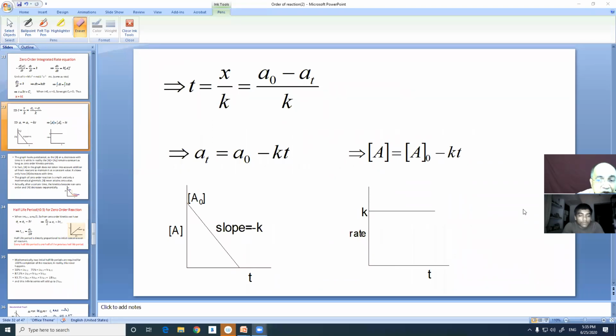The rate remains constant as long as zero order is prevailing. The rate, which is equal to k, the rate constant, is the same as the rate, and that will remain constant with time, and there are only 2 graphs for this. Of course, you can be asked in a tilted way. I can take t on the y-axis and At on the x-axis.